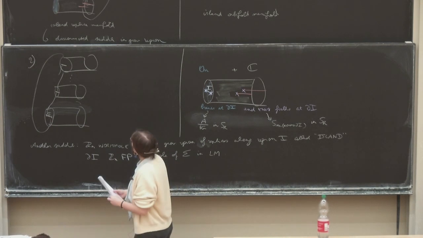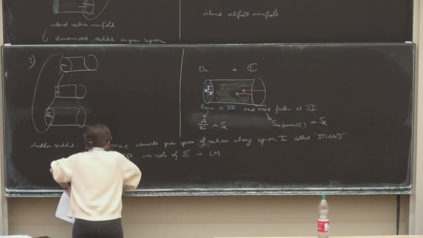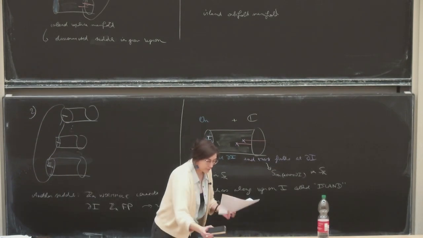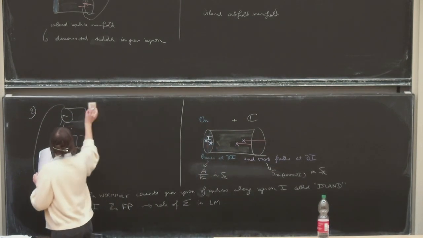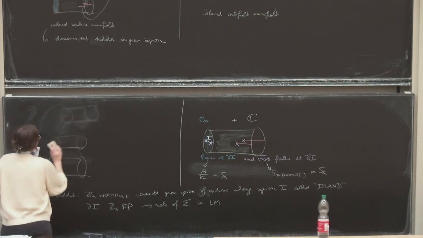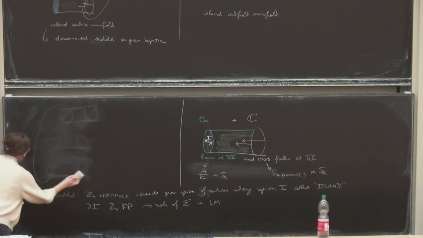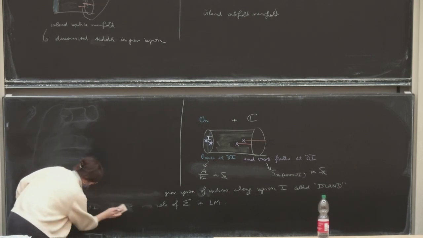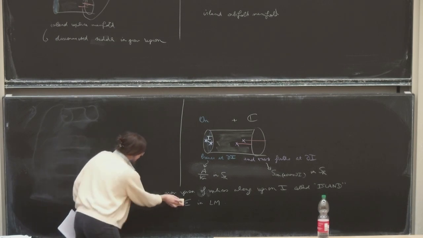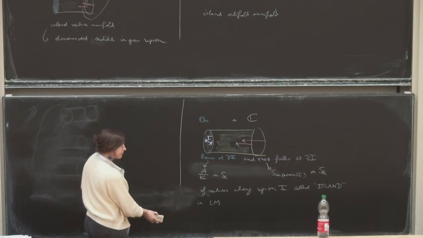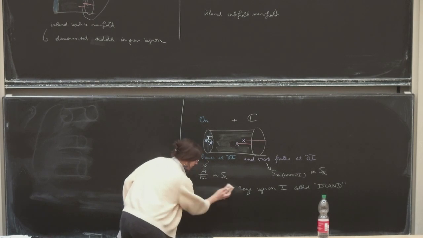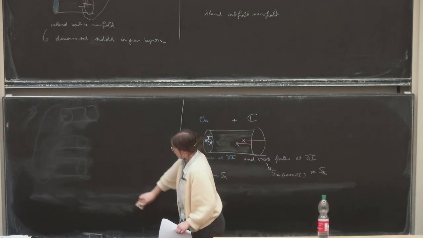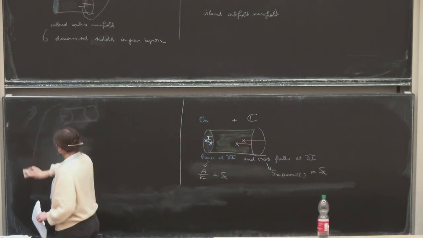So let me give you the results. From this replica trick derivation, including the Z_n wormhole connecting the gravitational region replicas, you find a formula for the gravitational entropy.